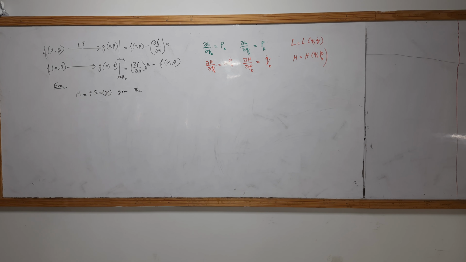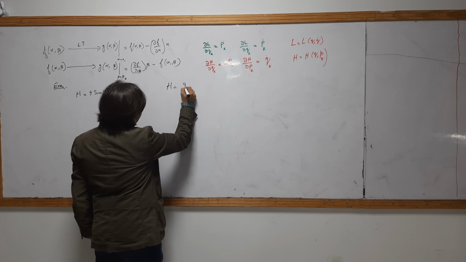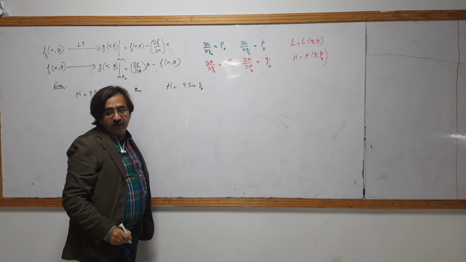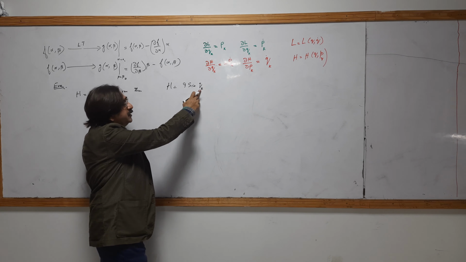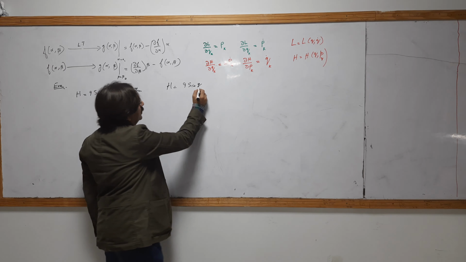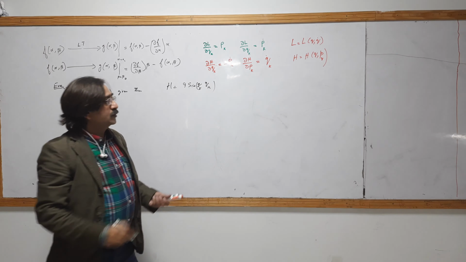H can't be written as 9 sine QK, that is also wrong because K is free. If there is QK, then there should be a product.